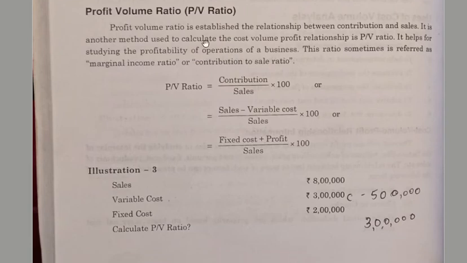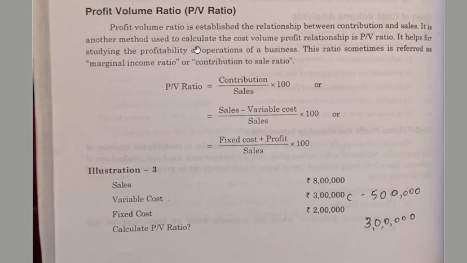So profit volume ratio is the ratio which tells about the relationship between the contribution and sales. It established the relationship between the contribution and sales.